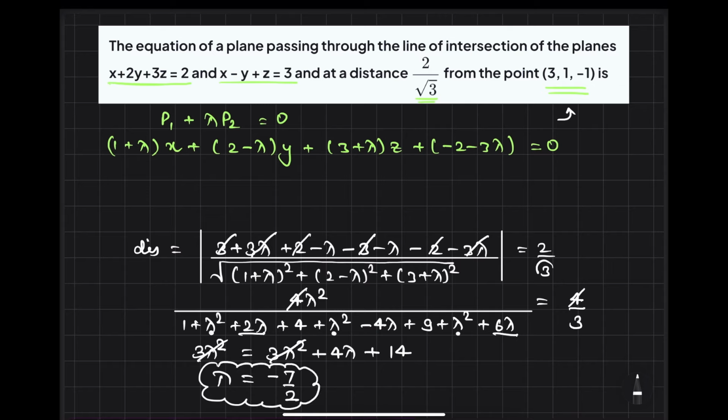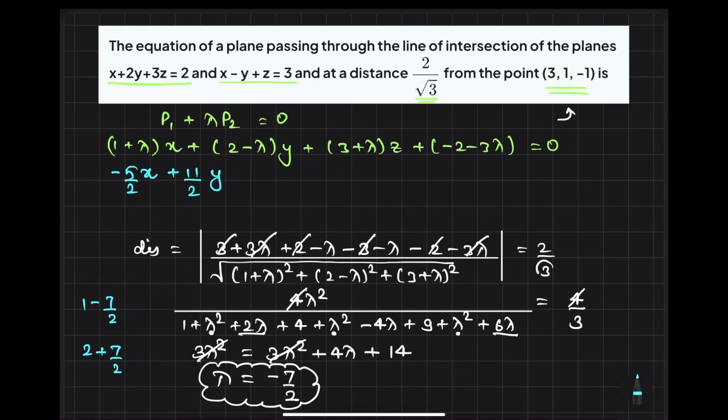Okay. Now, if this is your lambda, you can update your equation of plane. So substitute the value of lambda in the plane. So it is 1 minus 7 by 2, so it is minus 5 by 2, so minus 5 by 2 x. Then 2 plus 7 by 2, so it is 11 by 2 y.